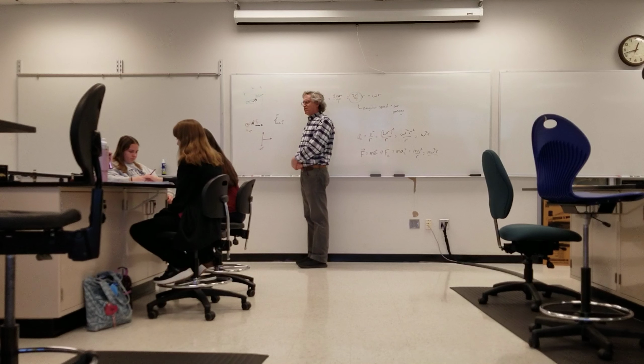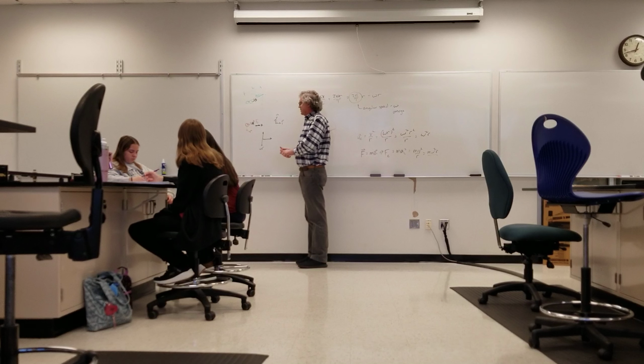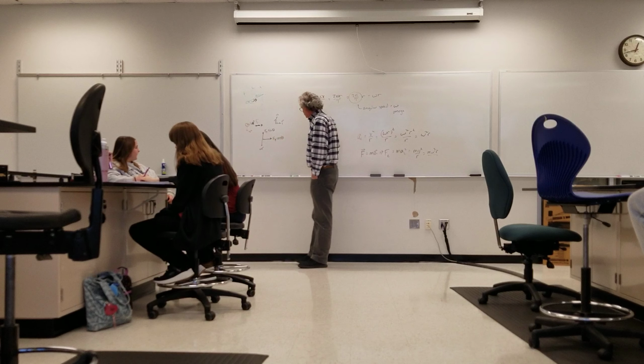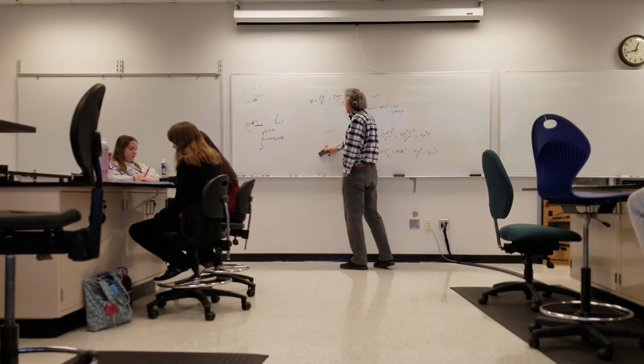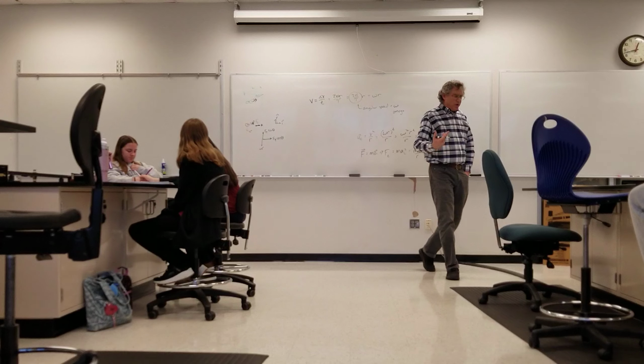Which one is cosine, which one's sine? Sine is going up. Okay. I was thinking I'd ask which one's cosine. So F_T sine theta, F_T cosine theta. That was decomposition.